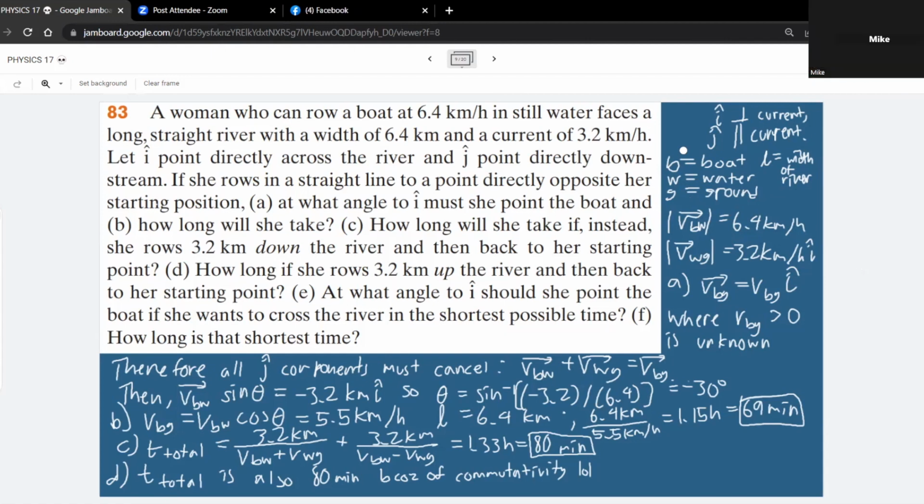Sine theta should be... wait, I think, if the water is going, what's the direction? Is it going downstream or upstream?